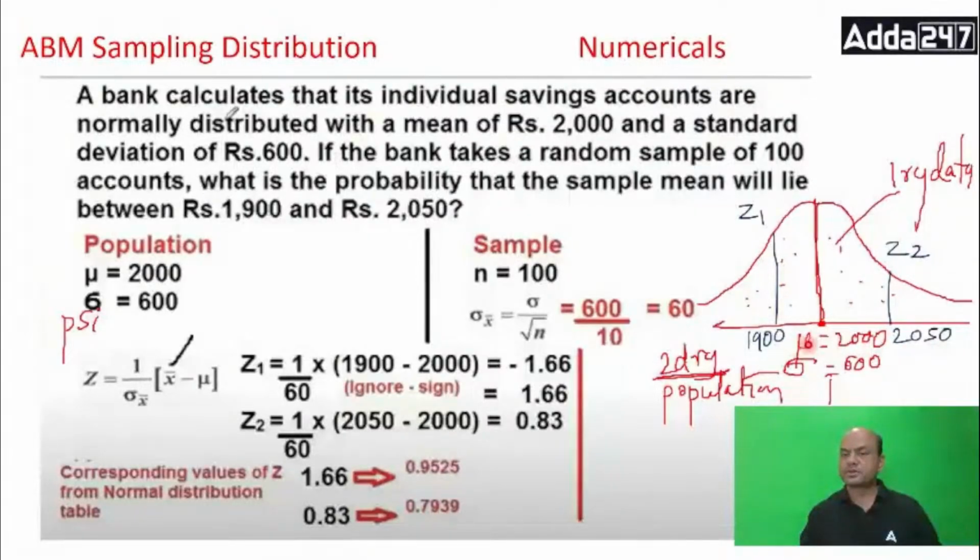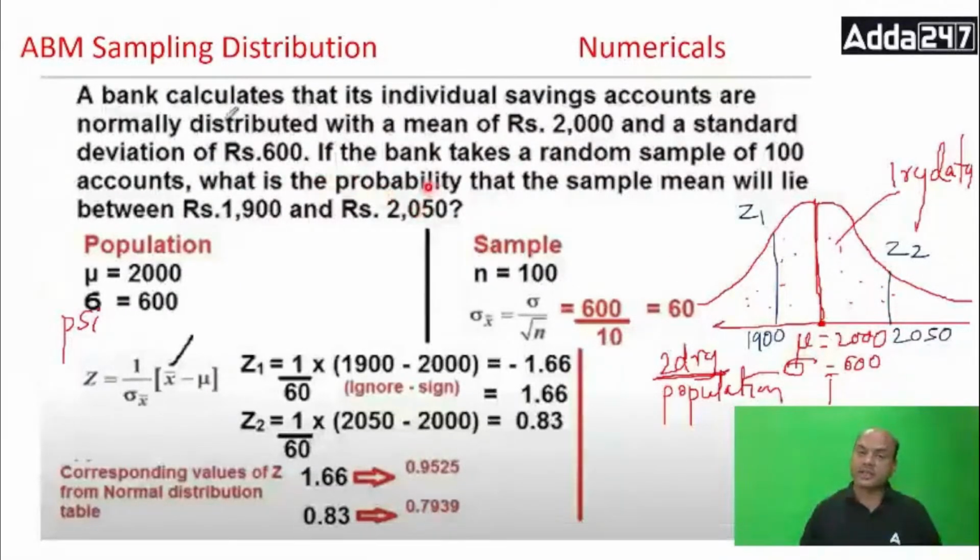Now one is 1900, a sample mean, and second is 2050. 1900 will be on the right side or left side? It is always the left side, because the left side is small and the right side is big. So 1900 over here, and over here you will have 2050.